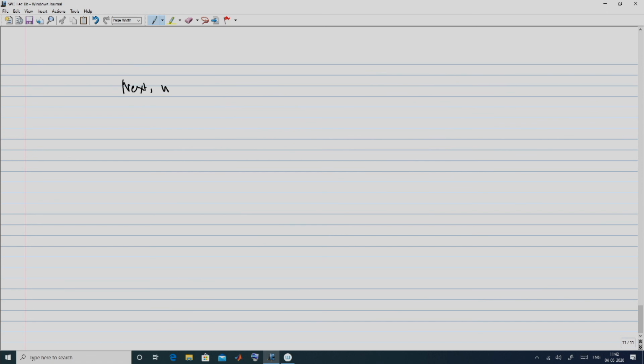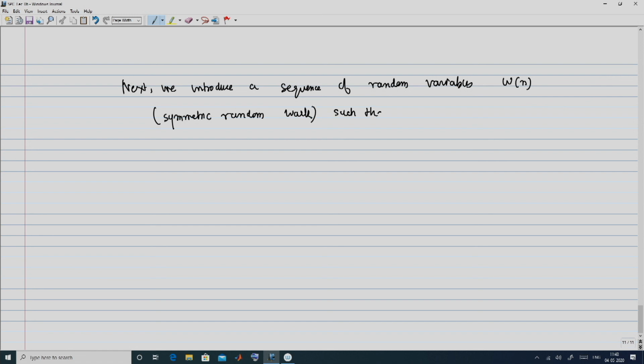Next, we introduce a sequence of random variables, say W of n. This is what is known as a symmetric random walk, such that, how do I define this?